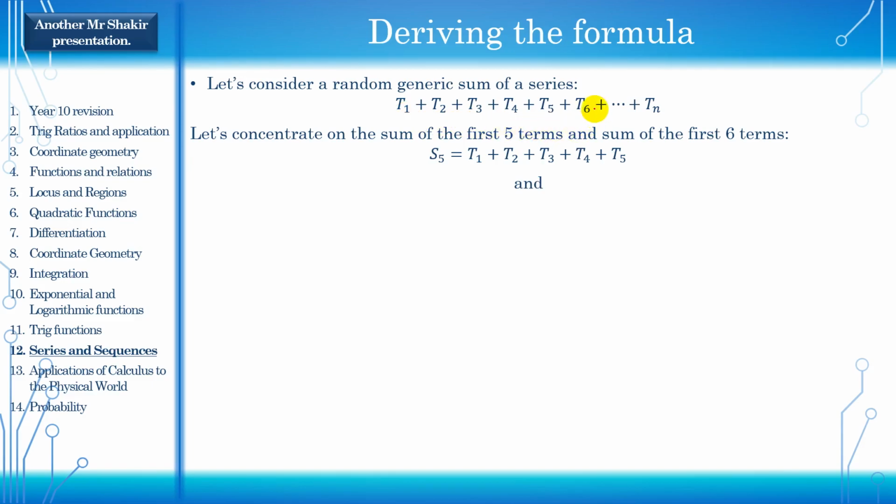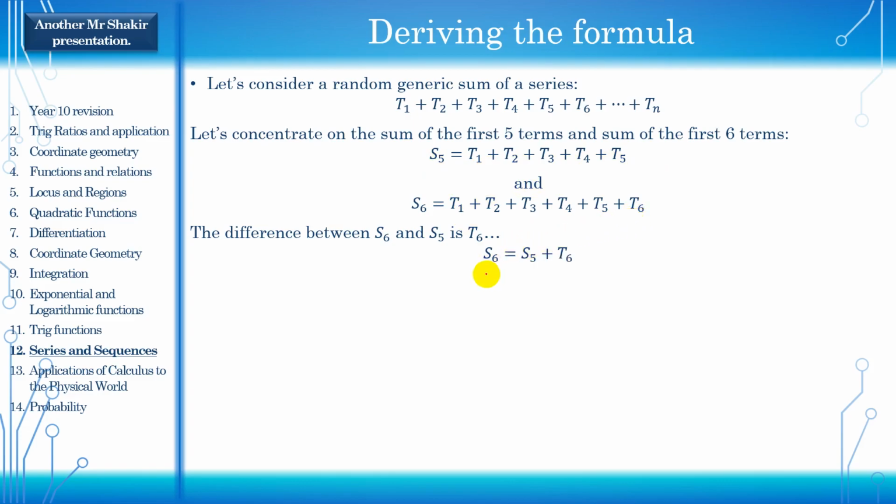And sum of the first 6 terms, we just add in the 6th term. That's the main difference, right? They're exactly the same. T1, T2, T3, T4, T5. You also have T1, T2, T3, T4, T5 in the sum of the first 6 terms, which makes sense. The difference is the 6th term.